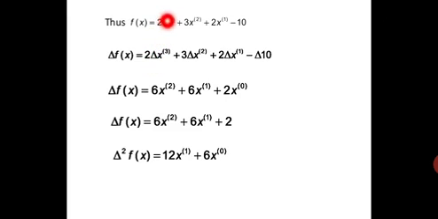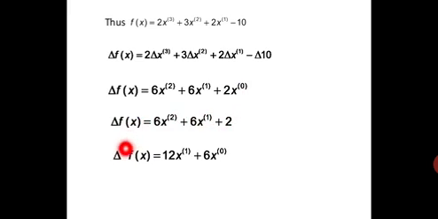So it is 2 into 3 x factorial 2, just like differentiation, as x cube differentiates to 3x square. We get 6 x factorial 2. Similarly for this one, 3 into 2 is 6, x factorial 1, and for the last term, 2 x factorial 0. We have simplified it here.